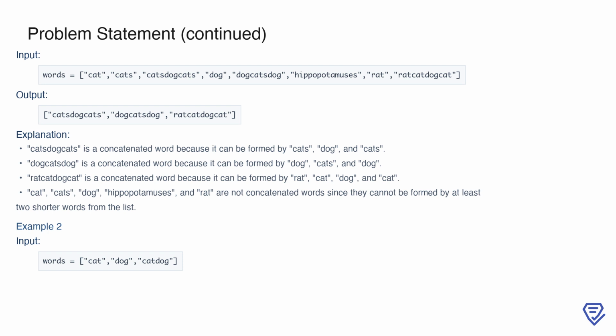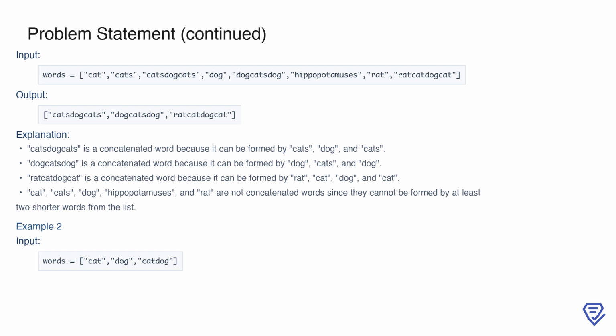Similarly, dogcatsdog is another concatenated word as it can be formed by dog, cats, and dog. Finally, ratcatdogcat qualifies as well, since it can be constructed using rat, cat, dog, and cat. However, the words cat, cats, dog, hippopotamuses, and rat are not concatenated words because they cannot be formed by combining at least two other words from the list.